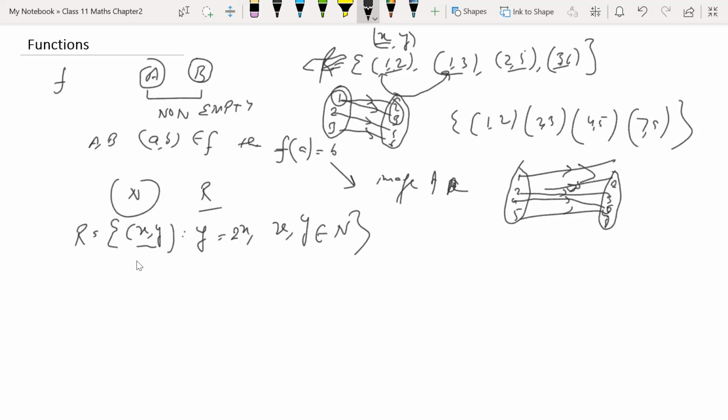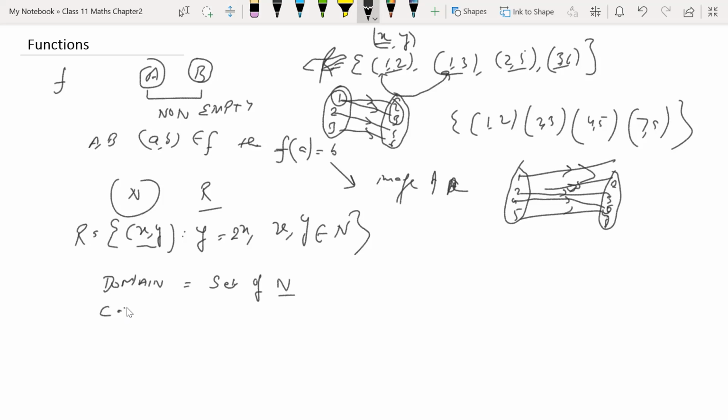What is the domain, codomain, and range of R? Is this relation a function? What is the domain? Domain is the first value, the natural numbers. Domain of this is the set of natural numbers.